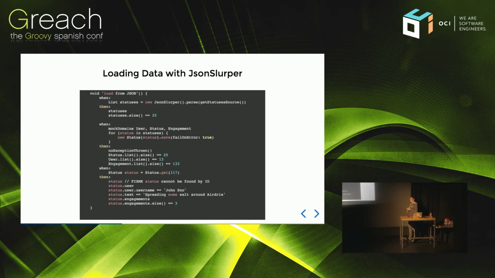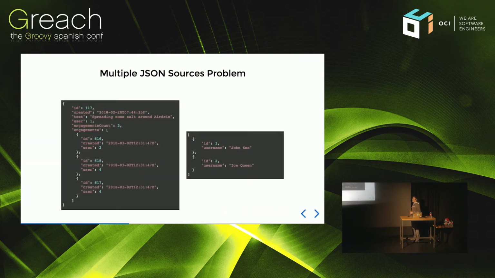The point is, Grails by default, or maybe I'm not sure if there's any way, you can't assign the ID, which could be a problem because the JSON you are loading maybe is not denormalized as I've shown you. Maybe it just contains the statuses, and then there's another JSON containing the IDs, and you should be able to link it together. So there's user one in here, and you need to be aware of the original IDs from the source.